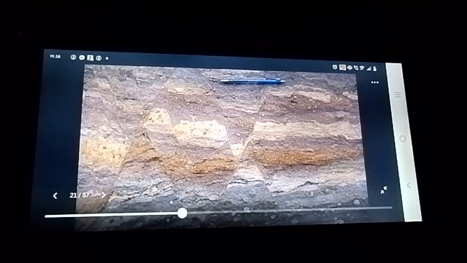So here are some examples of brittle deformation: faults, joints, and earthquakes. So brittle deformation is like a rock breaking under stress, and it's a key factor in the formation of earthquakes and other geological features.